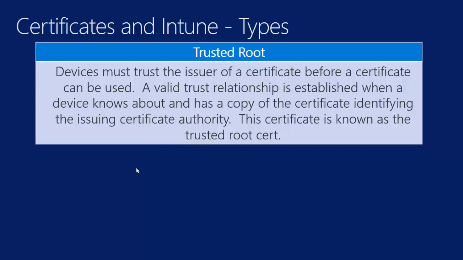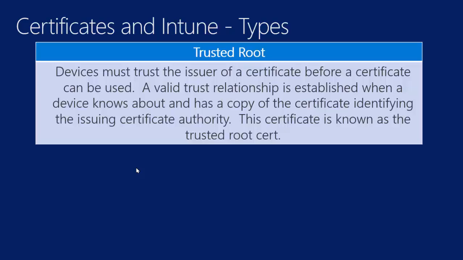And each one of these types of certs are certificates that Intune can deploy. I'm going to show you each one of these working, right? The first is the Trusted Root Cert. So the Trusted Root Cert is a very important certificate. It needs to be on devices that will receive certificates from your public key infrastructure.